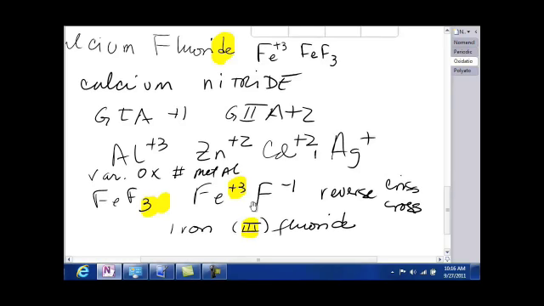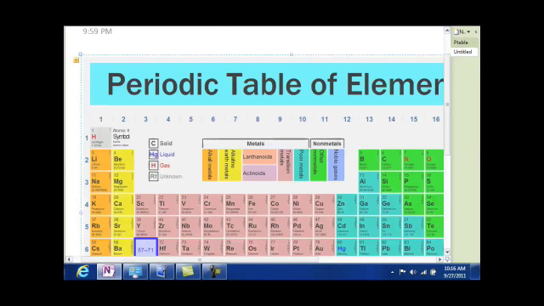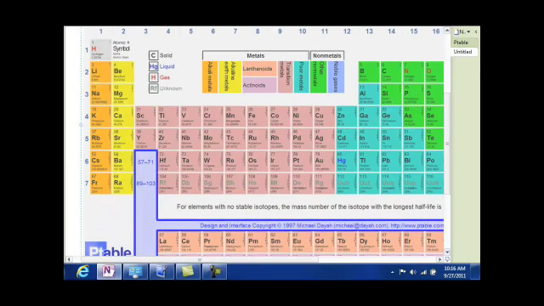Okay, so let's do it again. If I am combining tin with O, and the formula is SnO, and we don't want to name until we first, what? Classify. Are these 2 nonmetals? Do we have a periodic chart out? Tin is right there.